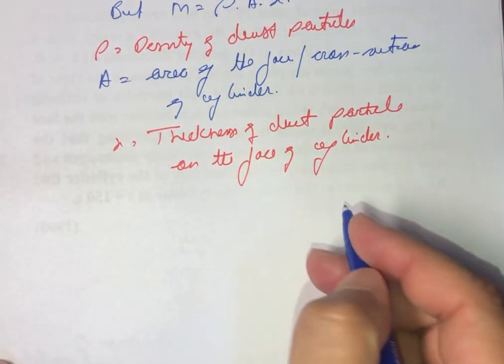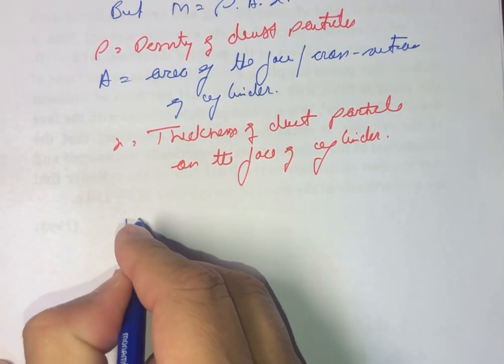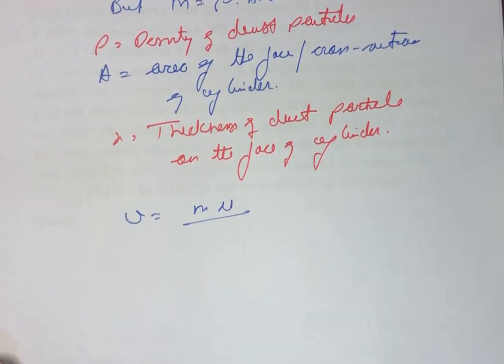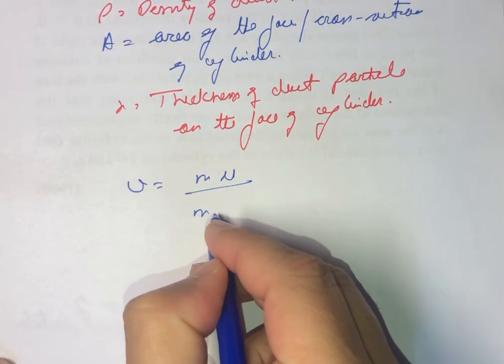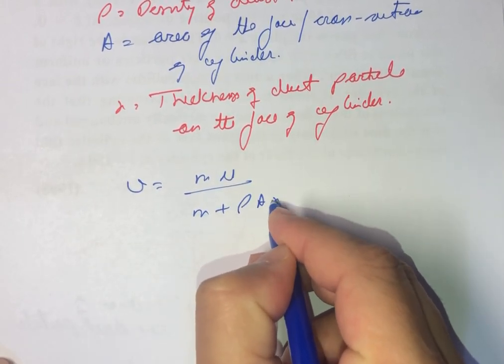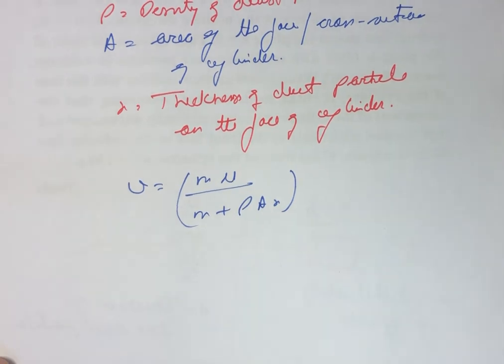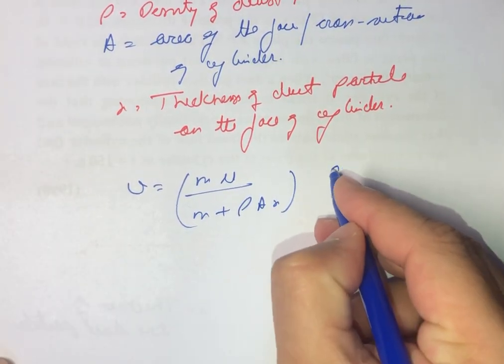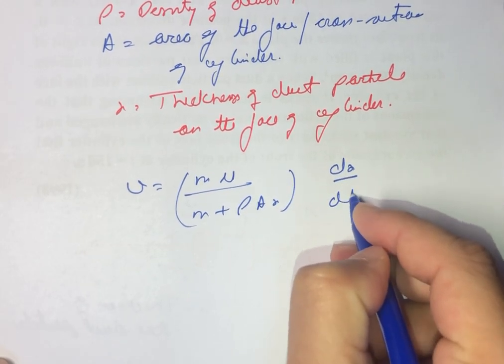So we can substitute the value and calculate the velocity, that is m initial velocity divided by m plus capital M, given as rho a x. Now velocity can be written in terms of dx by dt.